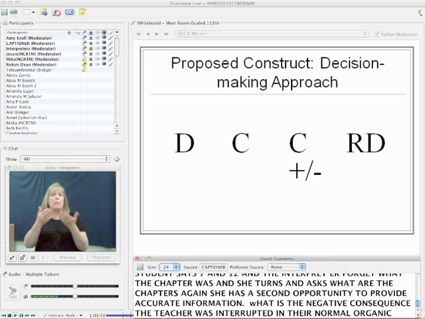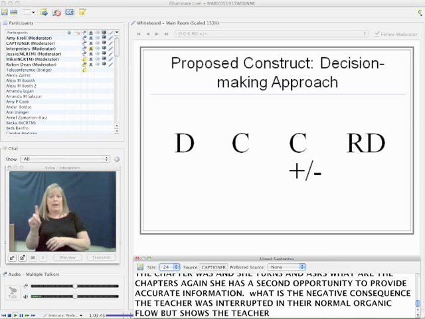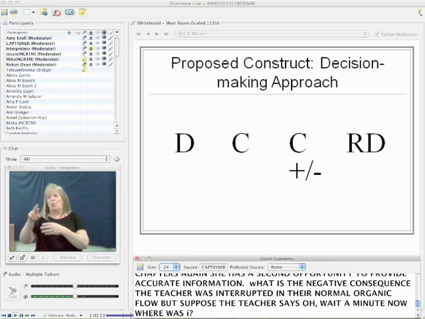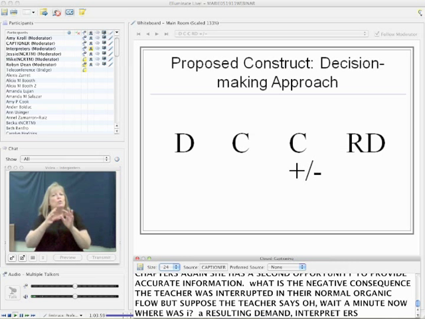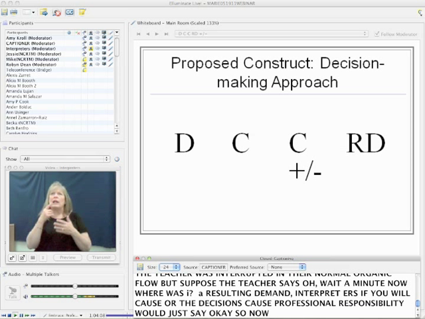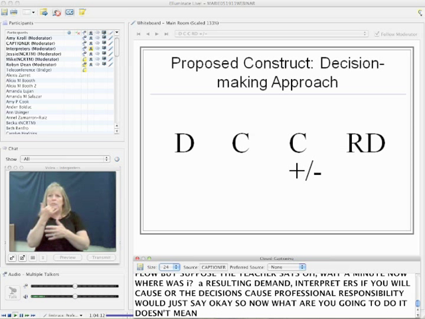But suppose the teacher says, oh, wait a minute, now where was I? That's a resulting demand. A resulting demand are those things that, in essence, interpreters, if you will, cause, or the decisions cause. Professional responsibility would just say, okay, so now what are you going to do? It doesn't mean we should go, oops, I've made a mistake, I've caused a resulting demand. It just means, now what are you going to do?